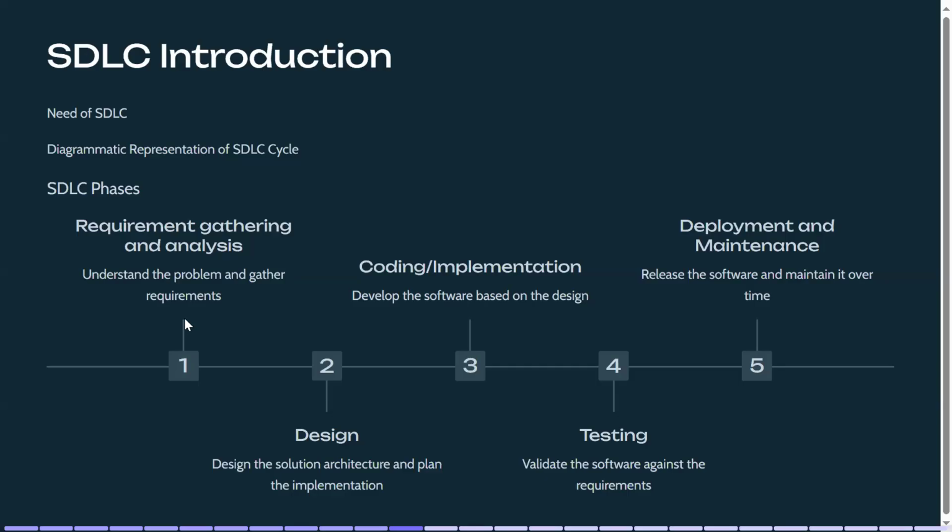We will also be validating the feasibility study, which means whether the project is technically feasible or not, operationally feasible or not, and economically feasible or not. We have to validate all.